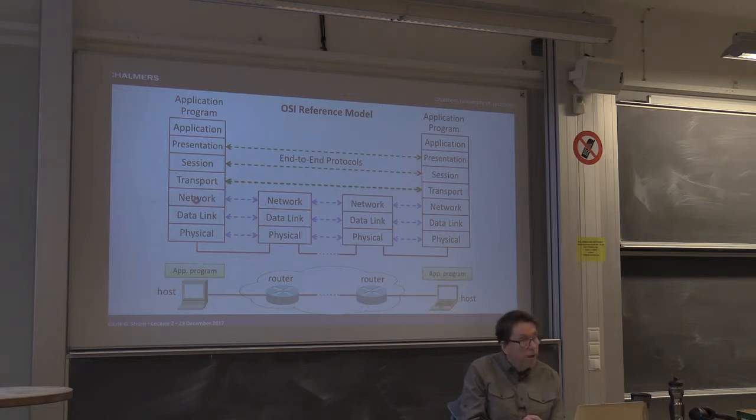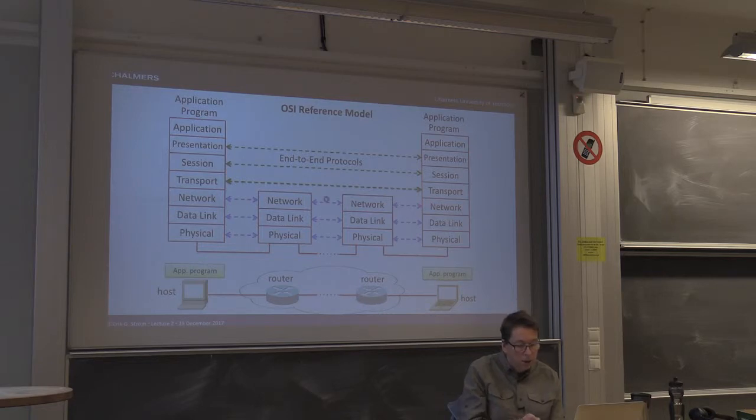The network layer uses the packet or the frame transfer service, which is provided by the data link layer, in order to transmit packets. And these packets could be communicated over several entities here.